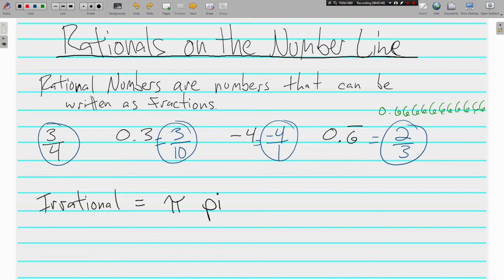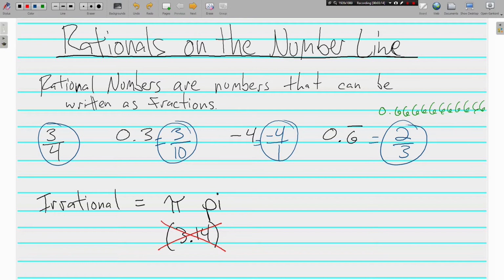Maybe you're thinking, well, don't we use 3.14? That's a decimal. I could write that as a fraction, couldn't I? Well, yes, but 3.14 is just an abbreviation. It's pi rounded. Pi is a decimal that goes on forever, and it doesn't repeat.